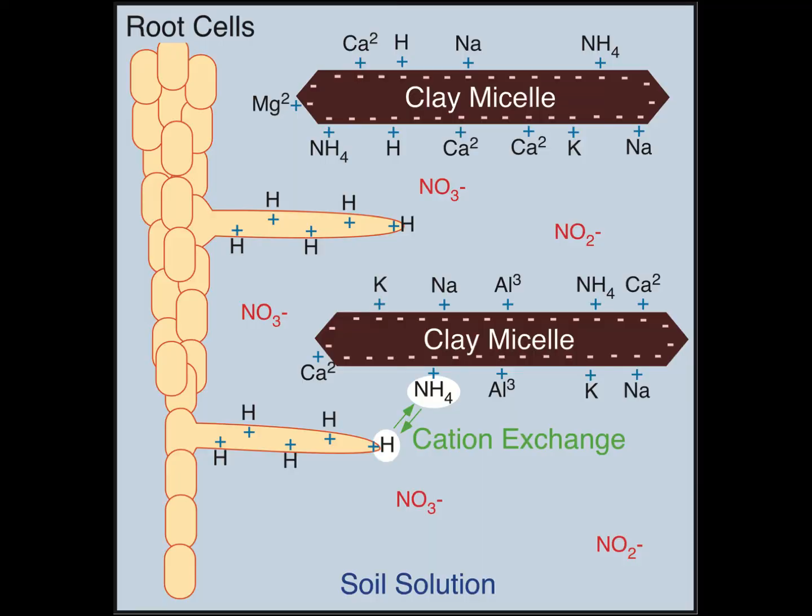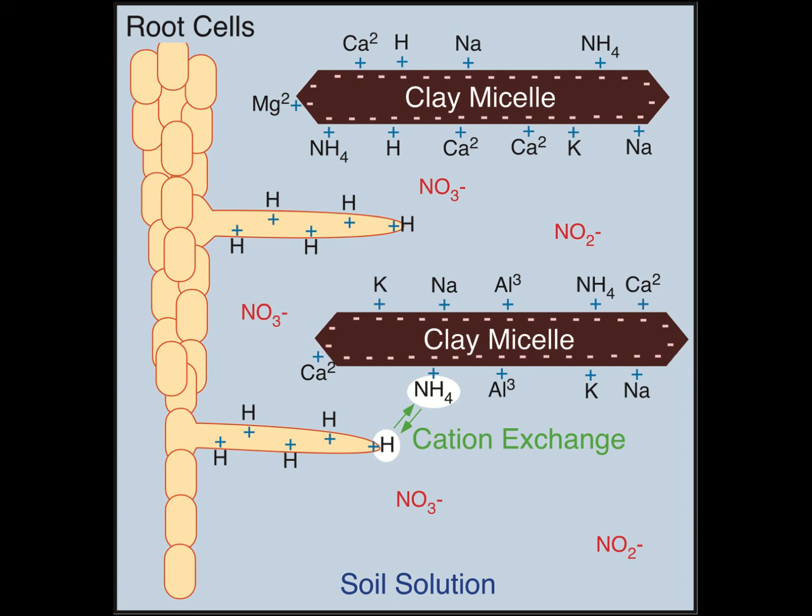So here we see the storage of nutrients on clay micelles. Most of the nutrients that plants require, calcium, magnesium, sodium, have a positive charge, so they're easily stored on clay micelles. The only form of nitrogen that can be held by clay micelles is the ammonium salts.